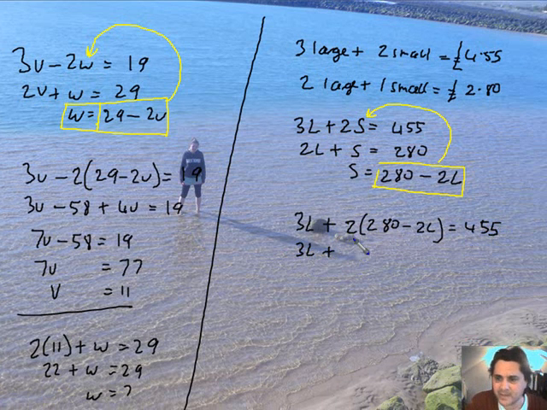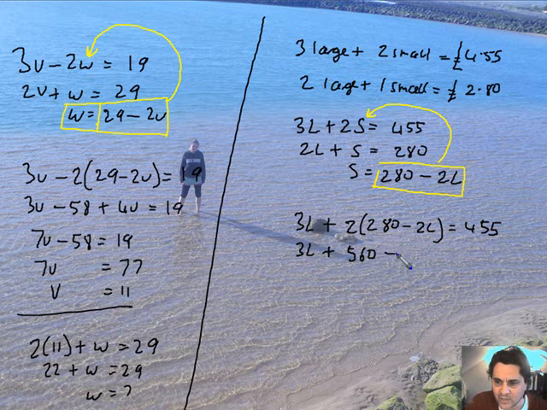Expanding the bracket a little bit, 2 times 280, 400 plus 160, 560. Take away 4 times L, that comes to 455.